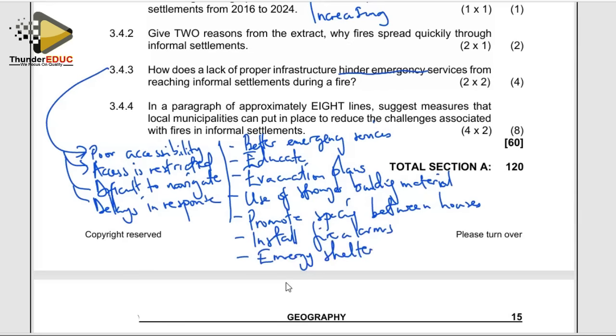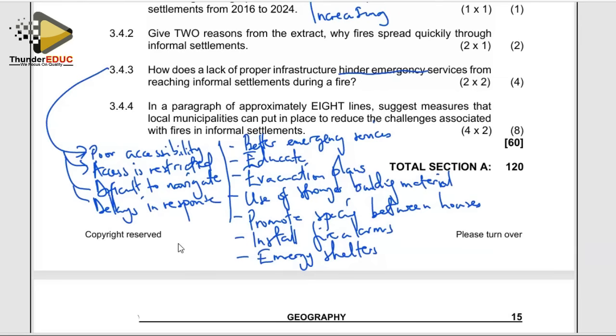In case there's a fire and people's shelters are destroyed, there's a need for a secure emergency plan whereby we can shelter people as they await the reconstruction of their structures which have been gutted by fire. So we must also have a plan in place of emergency shelters. Right.